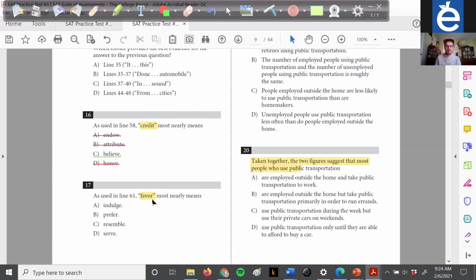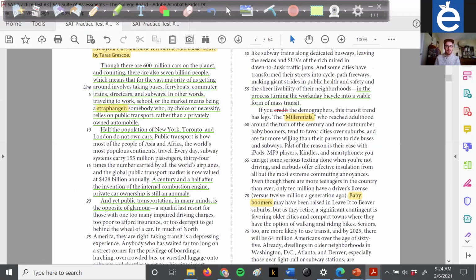Let's look at line 61, favor. And this is why I tell y'all not to look at these before we've looked at the context, because almost any of these could serve as a synonym of favor in another context. What we're interested in is how it's used in line 61.